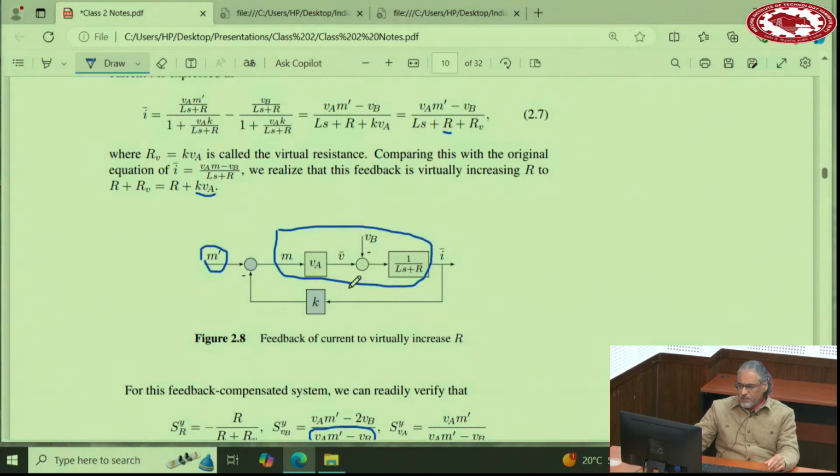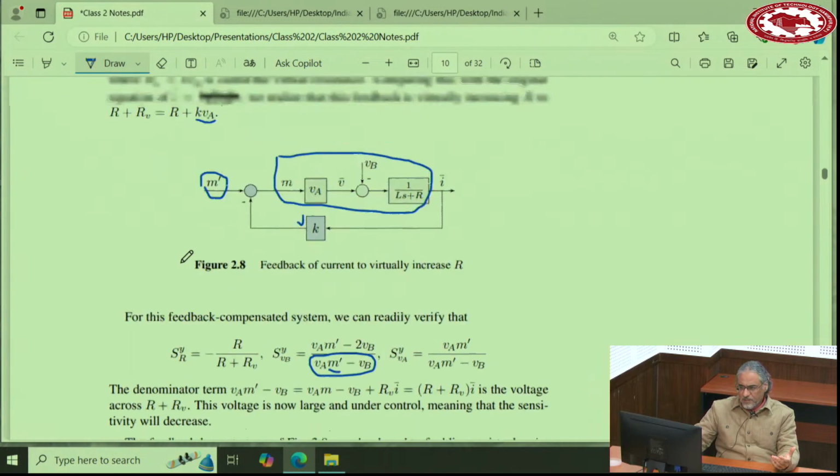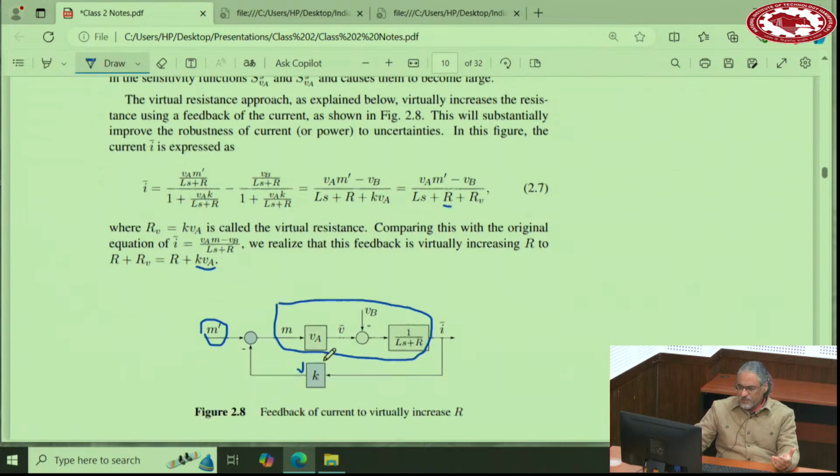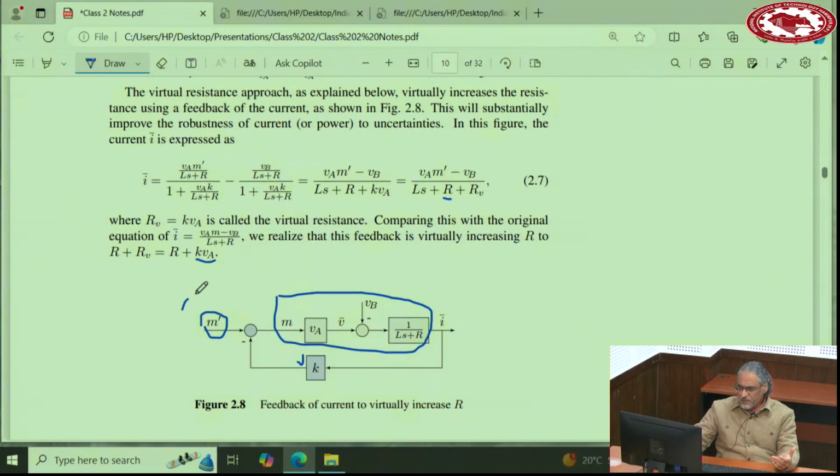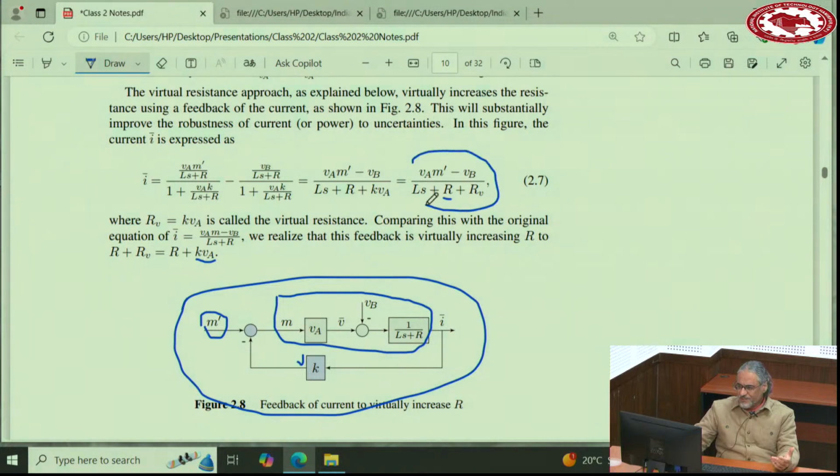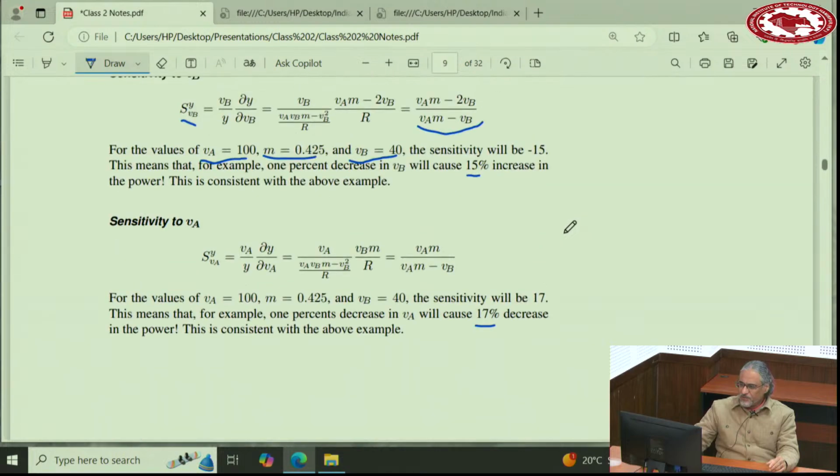So basically, you choose K as a parameter, K into VA, that will be a virtual resistance that is added to this circuit. Because if you look at the transfer function of this new circuit, it is this. So compare this one with the transfer function we had here.